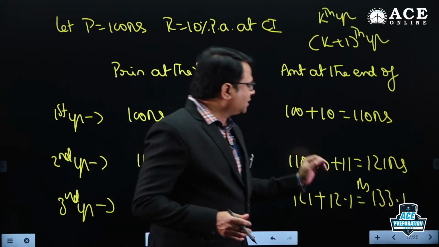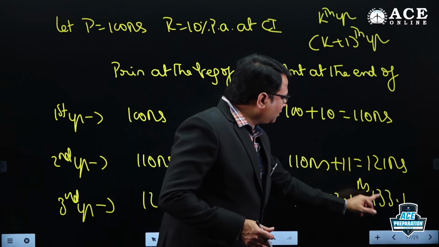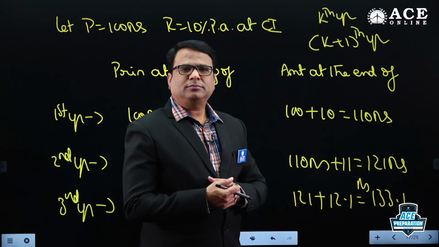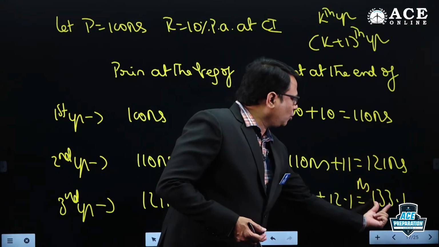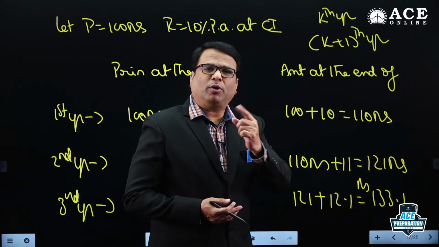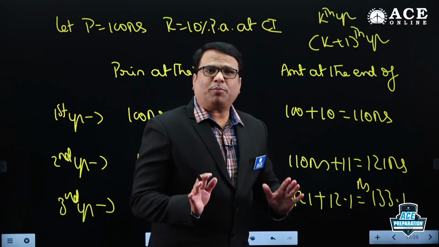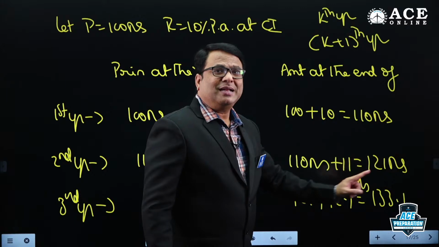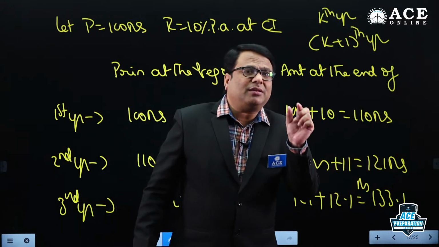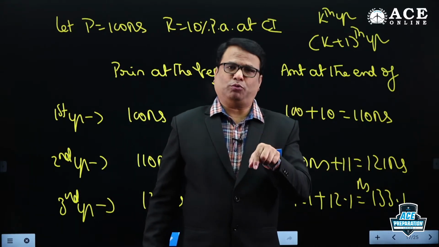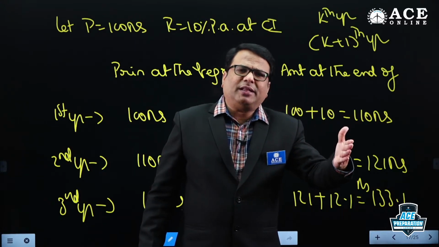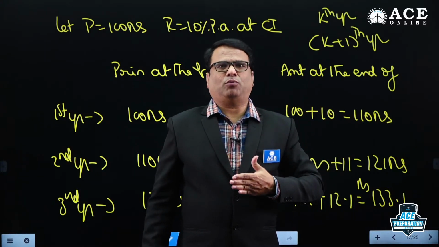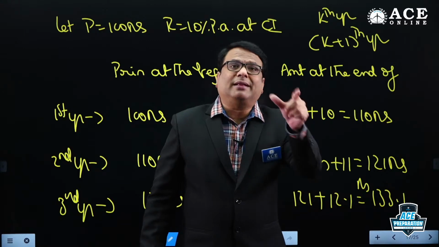Now, what is the difference between the second year amount and the third year amount? It is 12.1, and that 12.1 is interest on this 121. That means the difference between the kth year amount and the k plus 1th year amount is interest on the kth year amount.